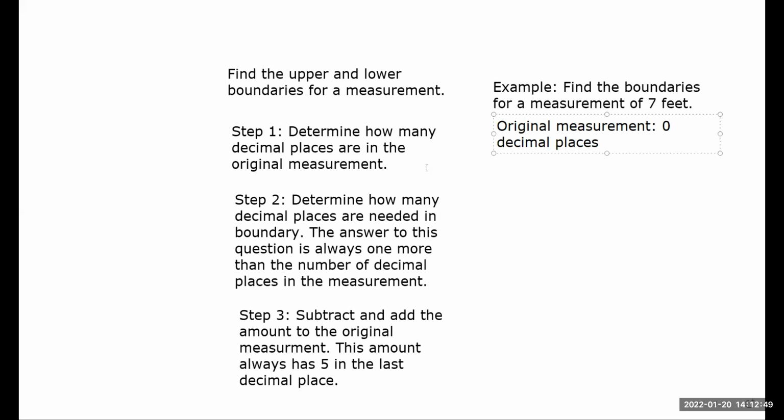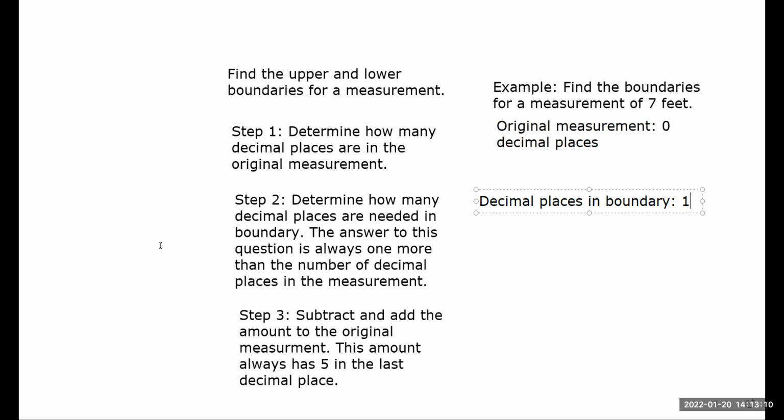Okay. The number of decimal places in your boundary is going to be 1 more than that. So that's going to be 1. There's 1 more than 0.